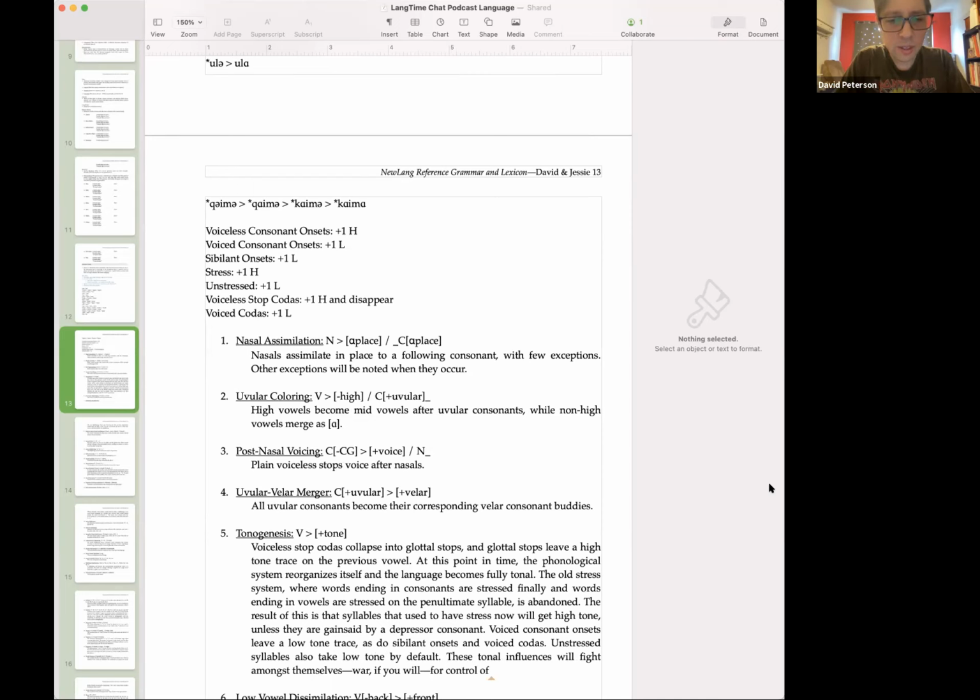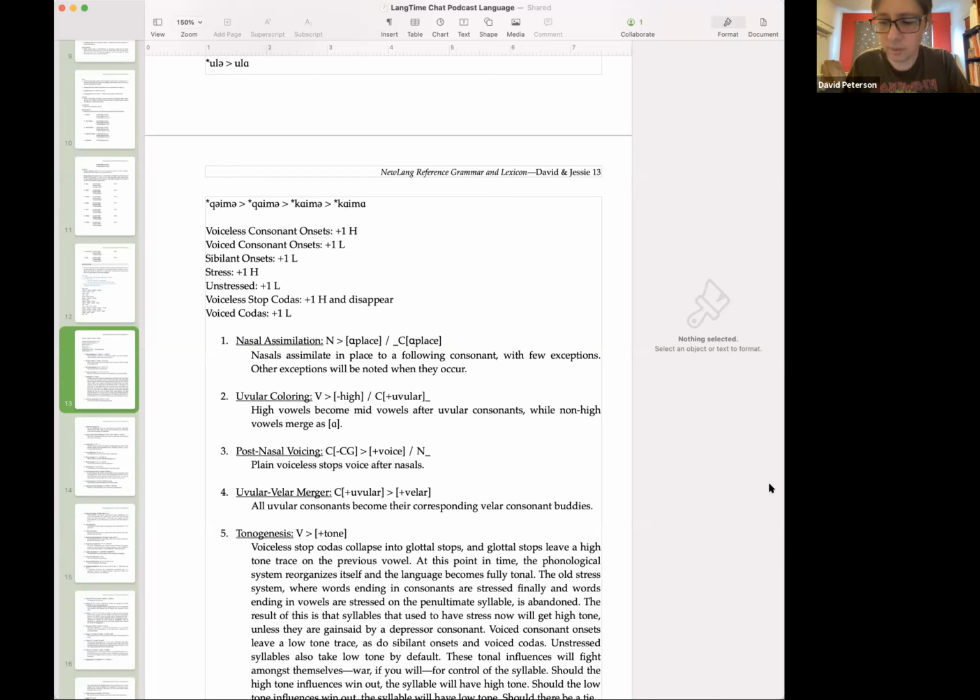Should the high tone influences win out, the syllable will have high tone. Should the low tone influences win out, the syllable will have low tone. In the event of a tie, the syllable will take a falling tone.